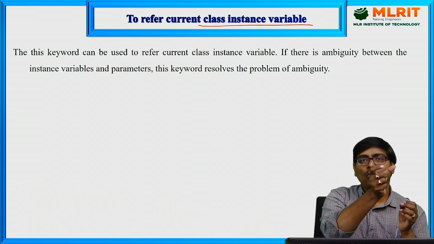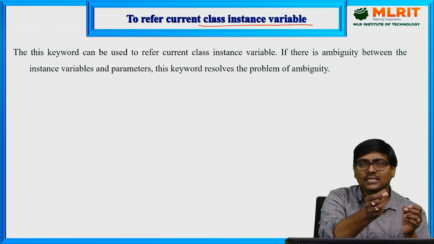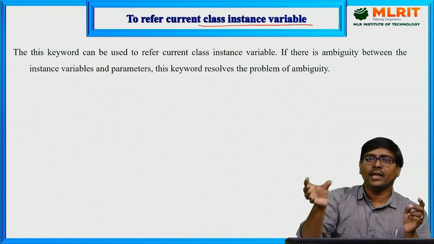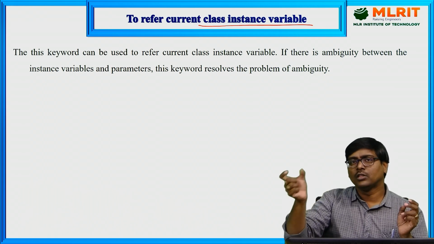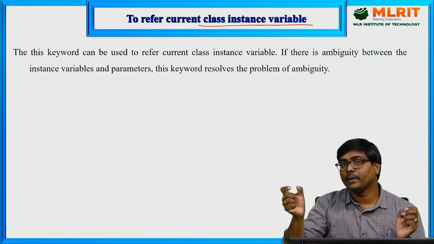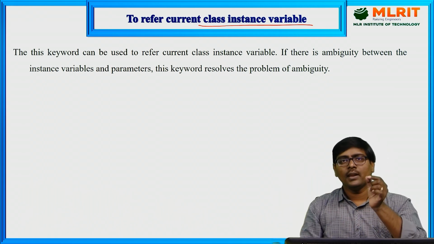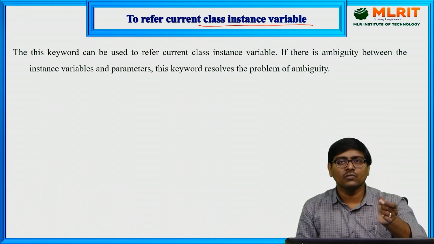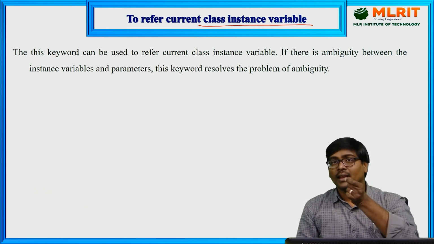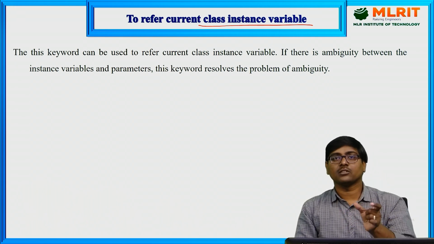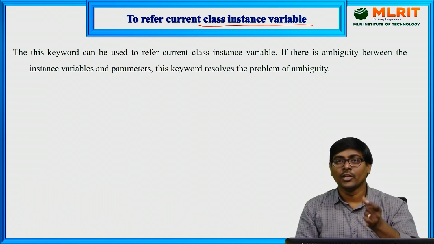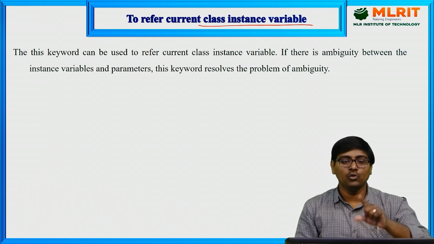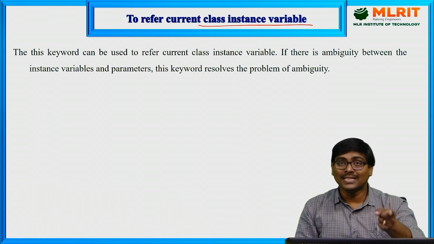Assume I have an instance variable, and I have either a constructor or a method with some parameters. If the name of the instance variable and the name of the parameter are both the same, then ambiguity arises. To avoid such ambiguity, we use the this keyword.